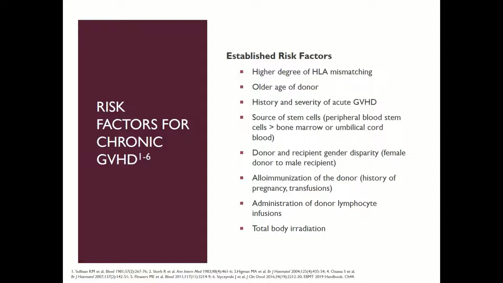Also important are donor and recipient gender disparity, in particular female donor to male recipient transplants, alloimmunization of the donor, administration of donor lymphocyte infusions post-transplant, and the use of total body irradiation in the conditioning regimen.